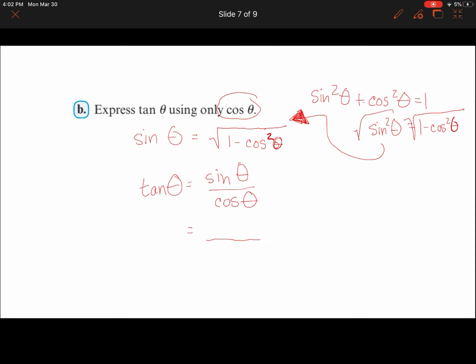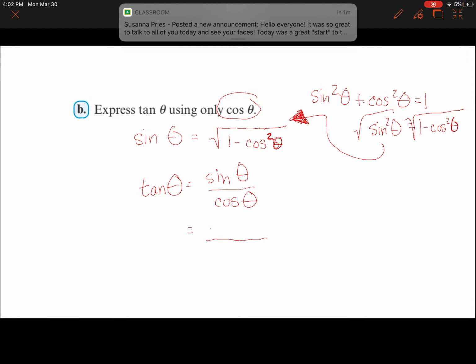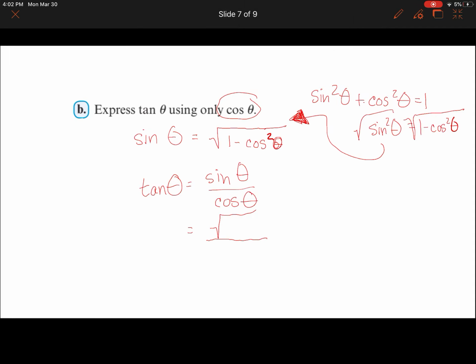All we're going to do is substitute out that sine and put in the square root of 1 minus cosine squared theta over cosine theta. So tangent theta is equal to the square root of 1 minus cosine squared theta over cosine of theta.